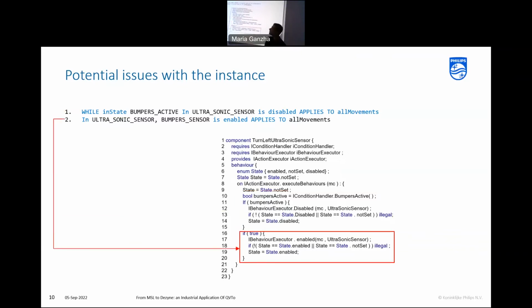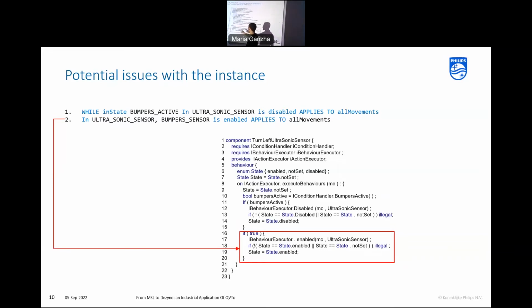And then here's the second part, which is true, because it's not covered by a condition, so it is just always true. We enable the ultrasonic sensor, and you will see that these lines over here will say, if the state of the sensor is enabled, or if it's not set, then it is fine.